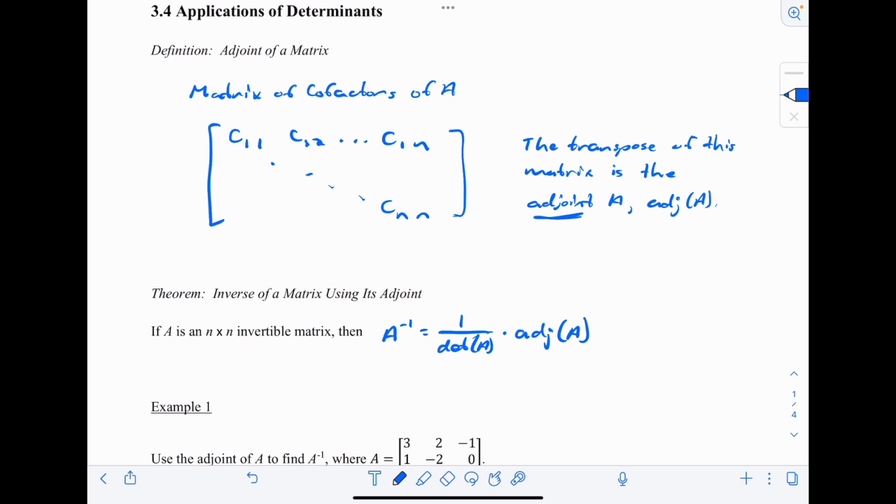This to me feels much more concrete, much more approachable, I guess is the word I would use, where I could see how to program finding the adjoint of a matrix versus trying to teach a computer how to do row operations to get that reduced row echelon form. So that would be the other reason. Personally, and maybe I'm wrong, I think this is a more straightforward way to actually program and find the inverse.